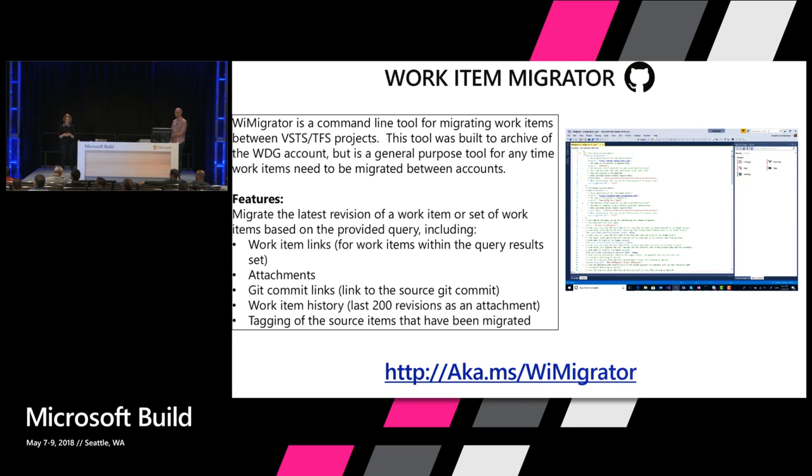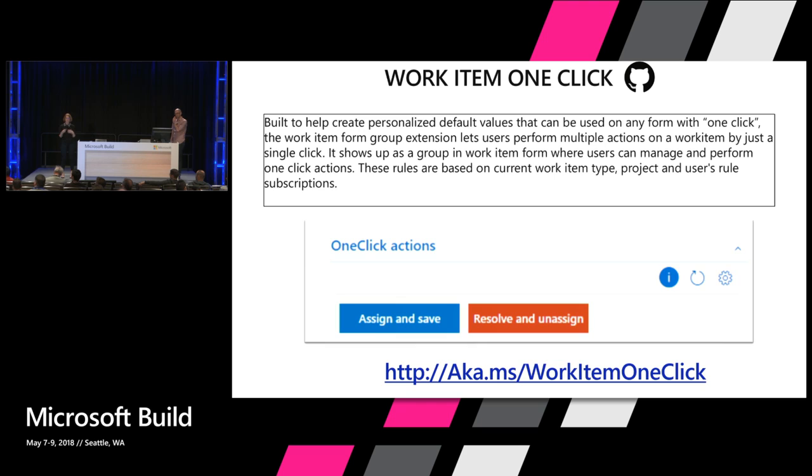So that's been exciting. And then the last one that we just put out is Work Item OneClick. We didn't talk much about it because it's a little bit embarrassing, but in WDG we have mangled the form beyond recognition. As you're filling in a work item, we have hundreds of fields. That creates a lot of cognitive load for our developers, having to navigate a form that large with that many fields.